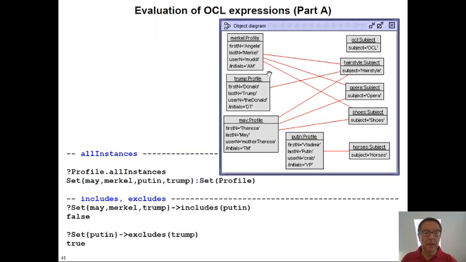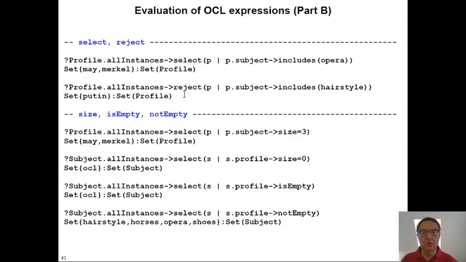And as we see for Merkel, there is a connection to opera. From May to opera there is a connection, but there is no connection to opera from Trump and no connection from Putin. So the result is the set May, Merkel, and again this is a set of profiles that is returned.